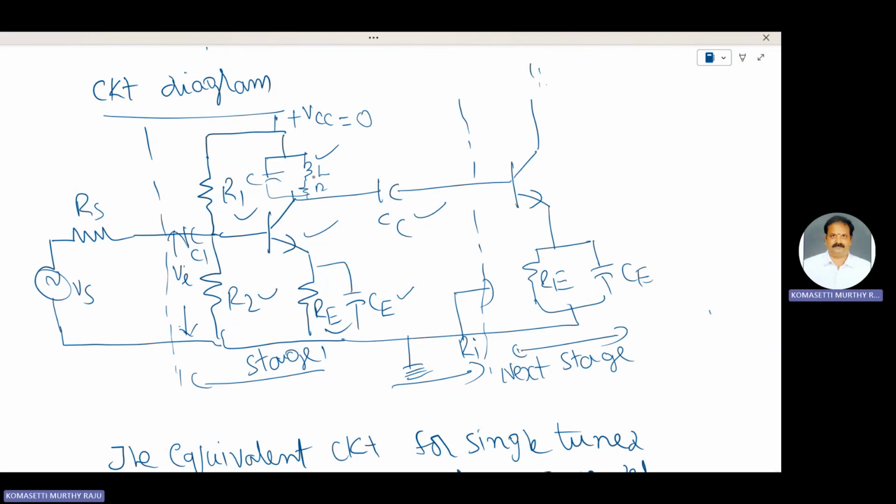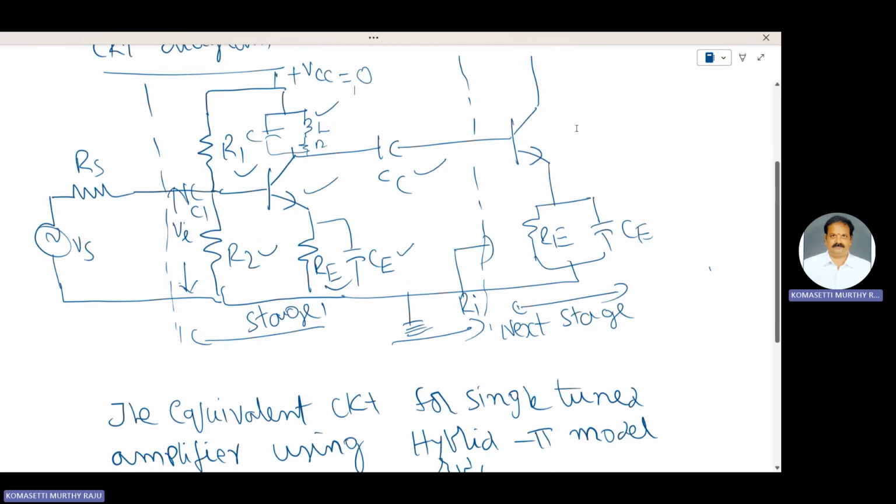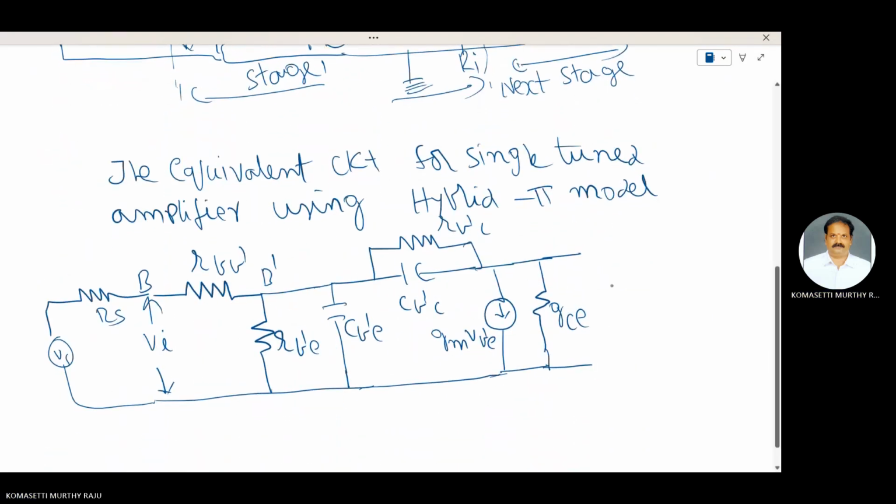The CL acts as a load for the circuit. This is also included in this circuit. Here, this one is C, L, and R. This is the output.